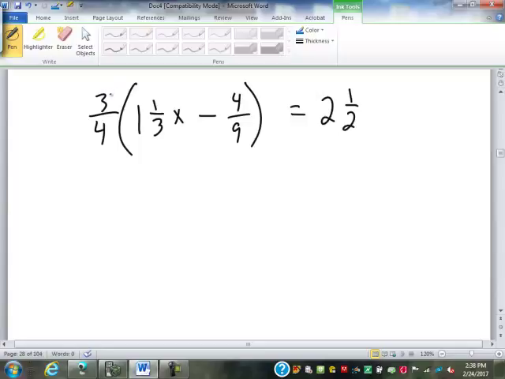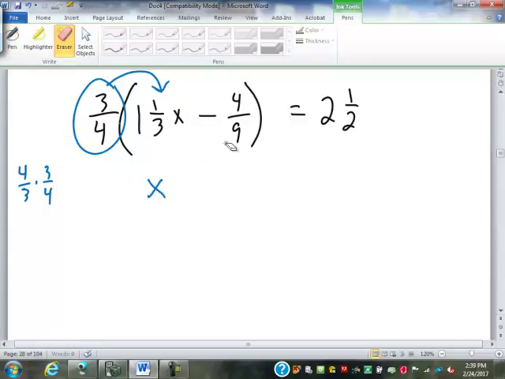Take the 3/4 and multiply by the numbers in parentheses. Exactly. We have to multiply the parentheses times the 3/4. So 3/4 times 1 1/3 is 4/3 times 3/4, which ends up being just 1. So that's just x.